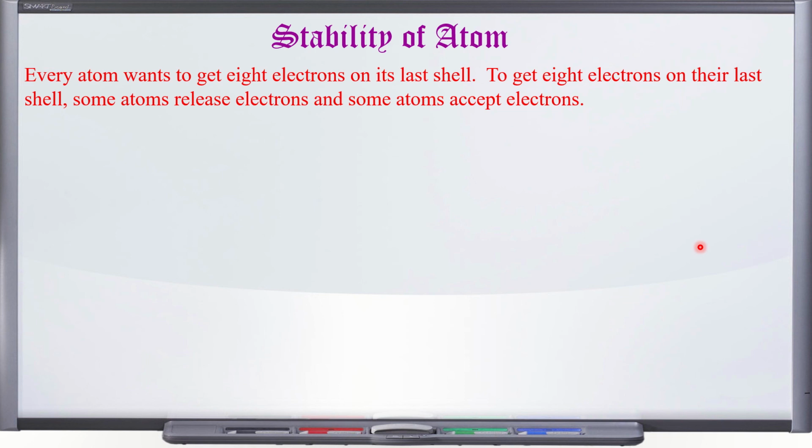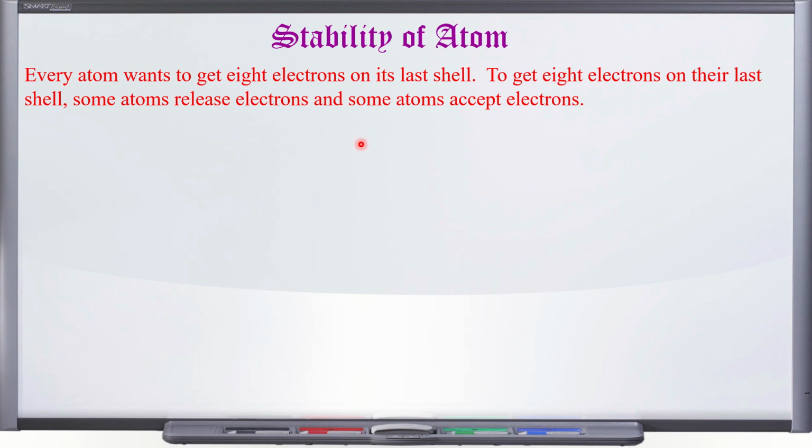Some atoms by releasing electrons will become stable, and some atoms by accepting electrons will become stable. To get 8 electrons on their last shell, some atoms release electrons and some atoms accept electrons.